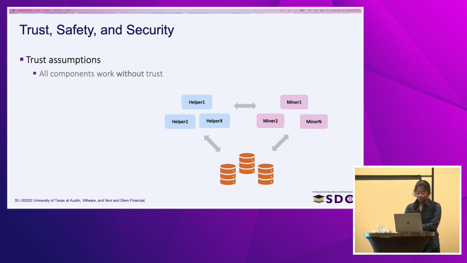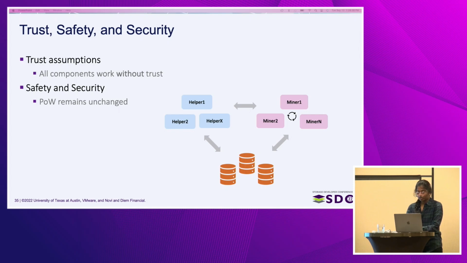In RainBlock, all components, the storage nodes, IO helpers, and miners, can work without trusting one another. This is the chief thing to enable such an architecture for public settings where there is no trust between miners or any of the entities.